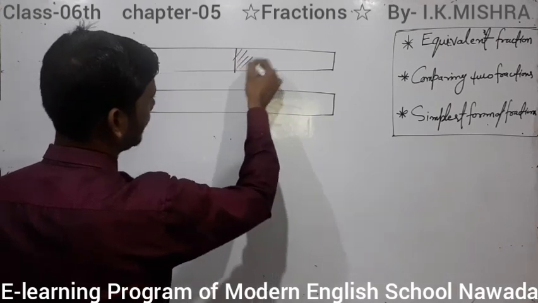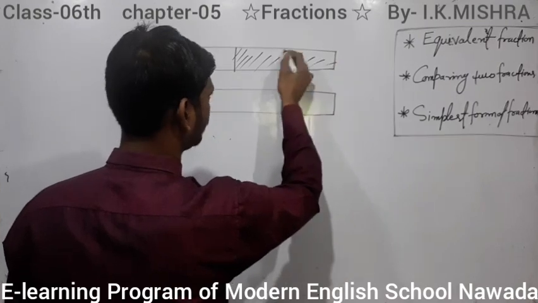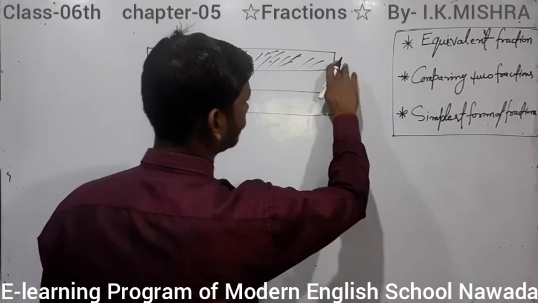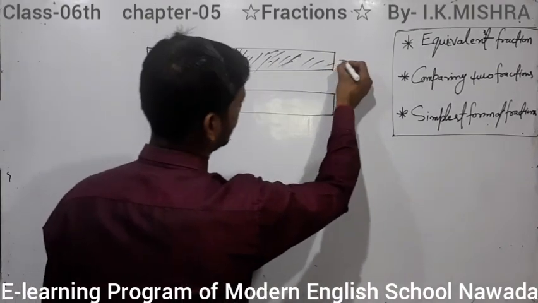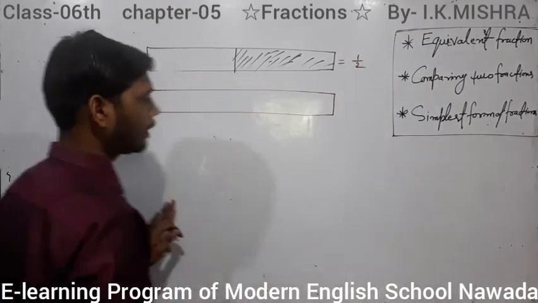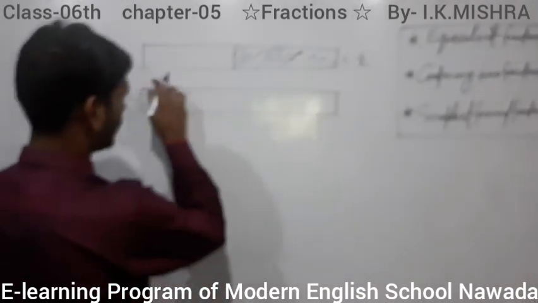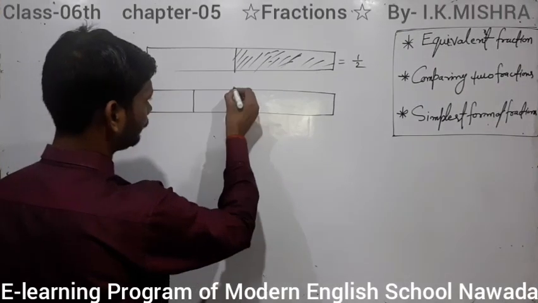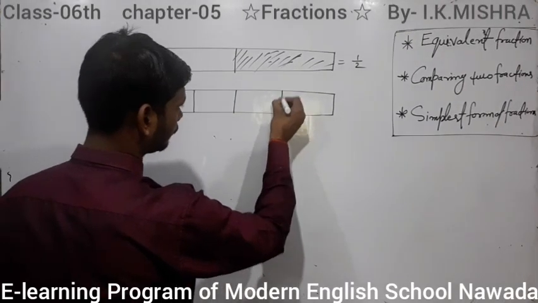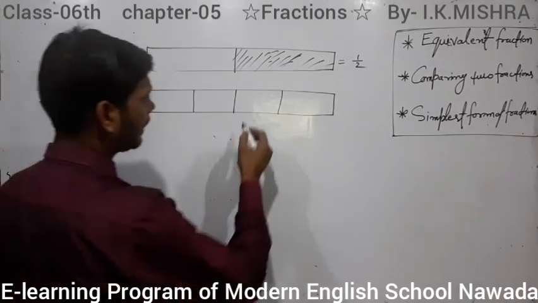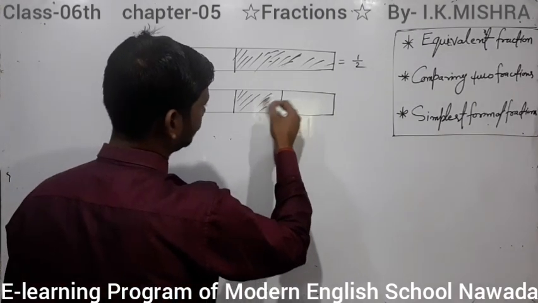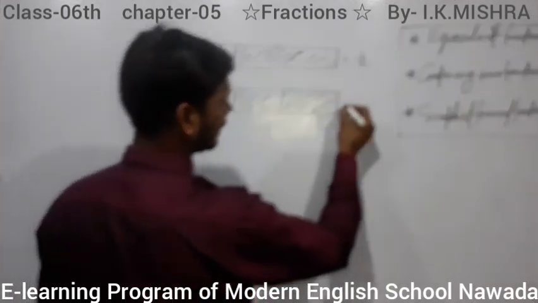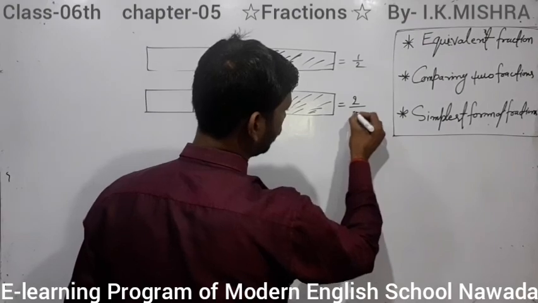One part will be shaded. So it will be written as 1 by 2. Friends, the other is divided into four equal parts, and when two parts are shaded, it means 2 upon 4.